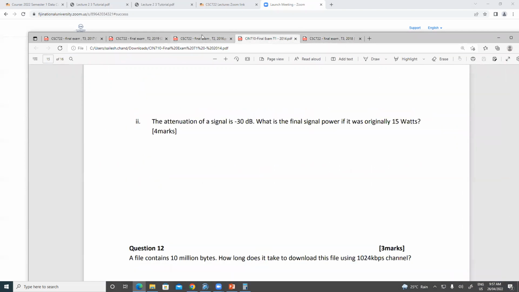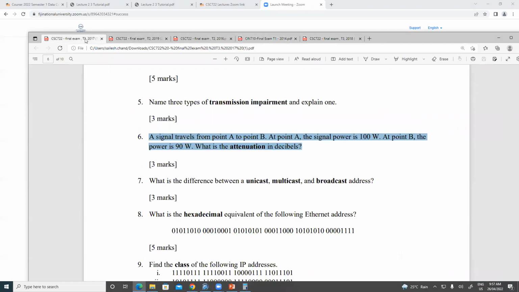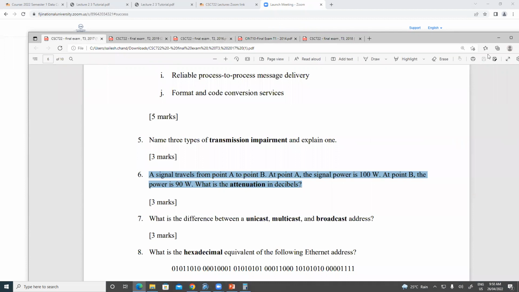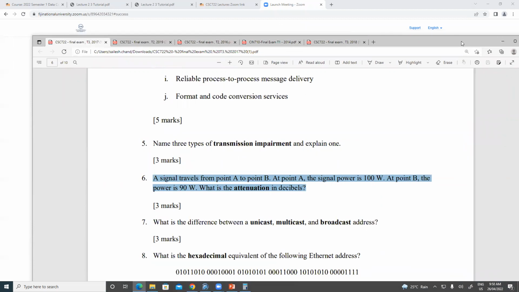So these types of questions will come in exams. Three ways: one is to just calculate the decimals, the other one is to calculate probably the power at source, and the other one the power at the destination.